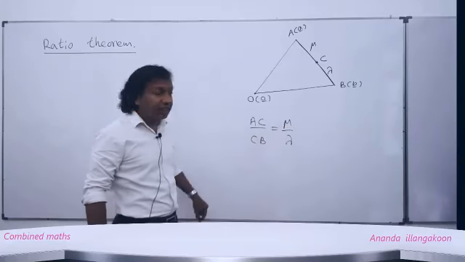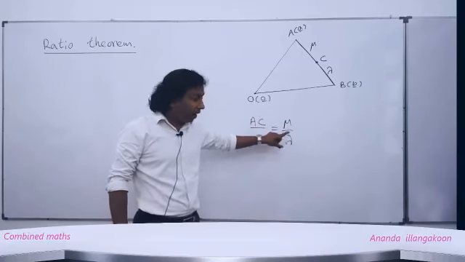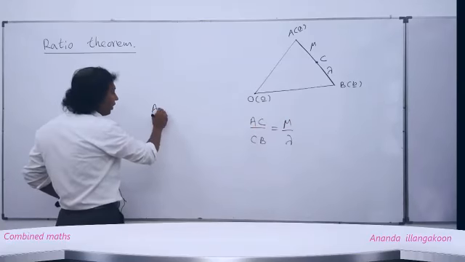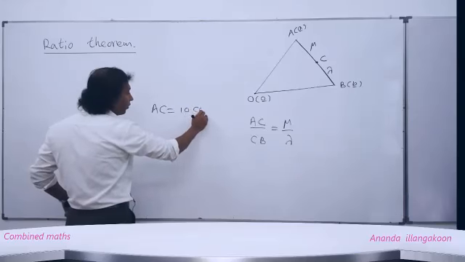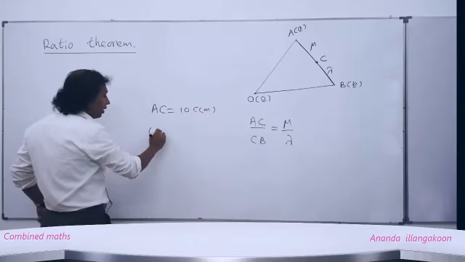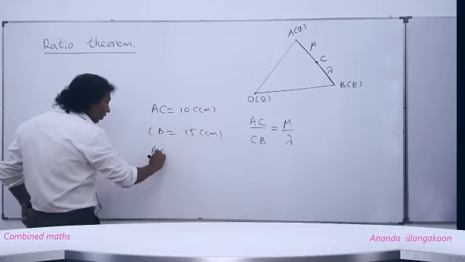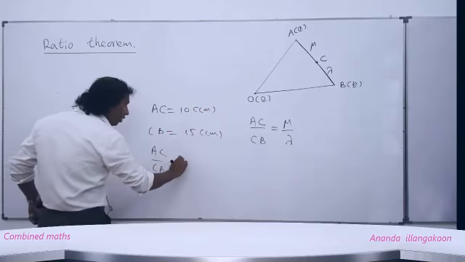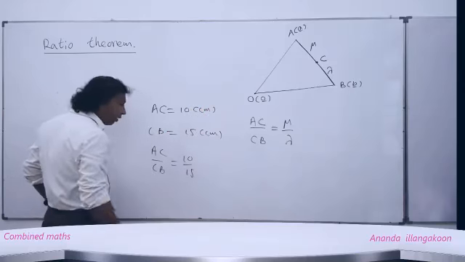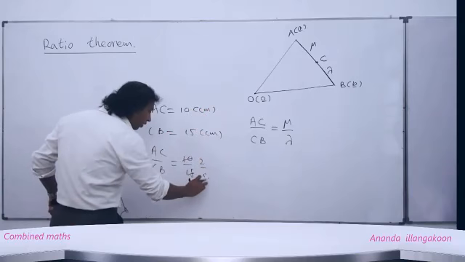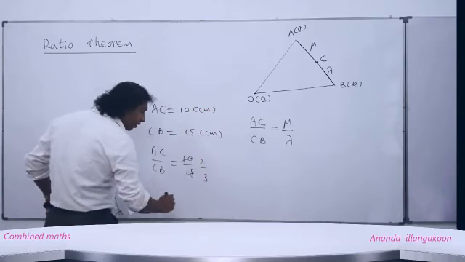This doesn't say that AC length is mu and CB length is lambda. Now, for example, people, suppose AC length is 10 centimeters and CB length is 15 centimeters. Then AC divided by CB means 10 divided by 15. But you know, this 10 and this 15 you can cancel down by what, people? 5. We get 2 and 3.